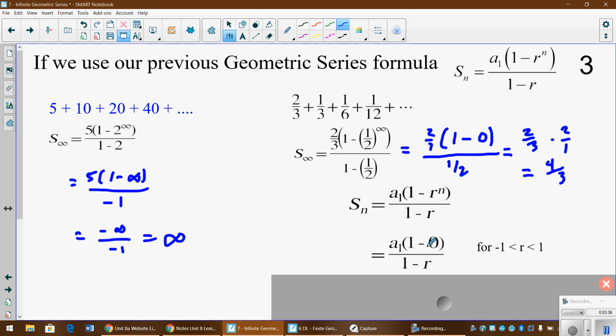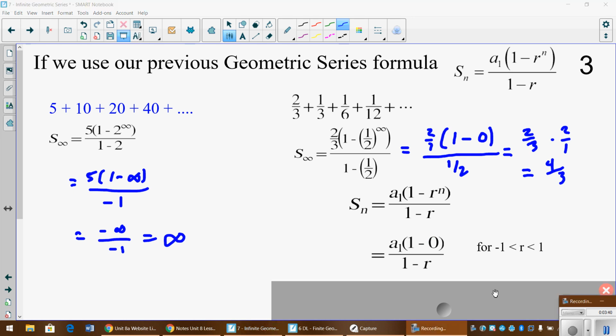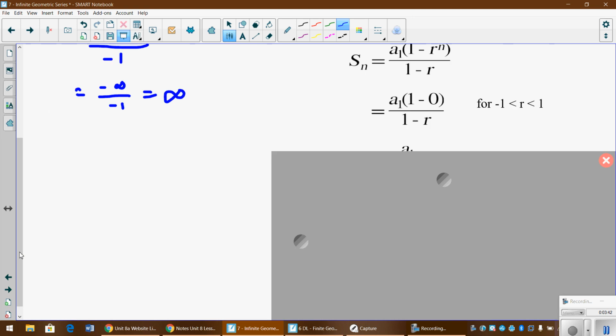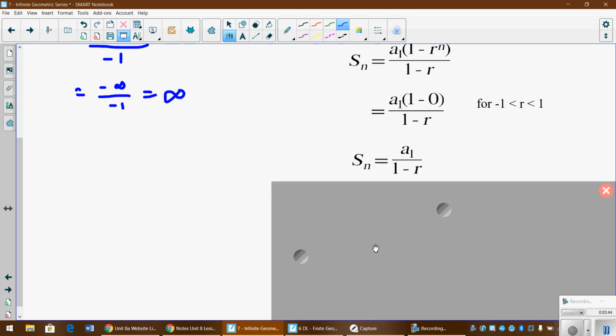So 1 minus 0 is just 1, and we end up with a sub 1 times 1, which is just a sub 1, and the bottom stays as 1 minus r. This is the formula we're going to use to find the sum of a geometric series where r is less than 1, bigger than -1. Sometimes you'll see this as the absolute value of r less than 1.